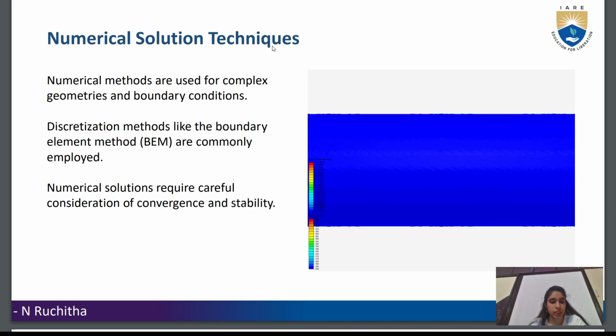Numerical solution techniques are necessary for complex geometries, non-gray surfaces, and participating media.